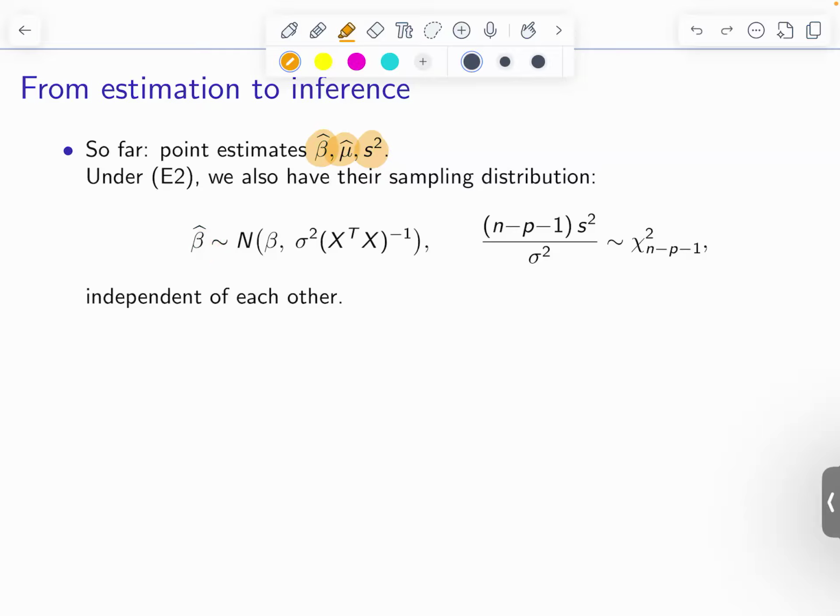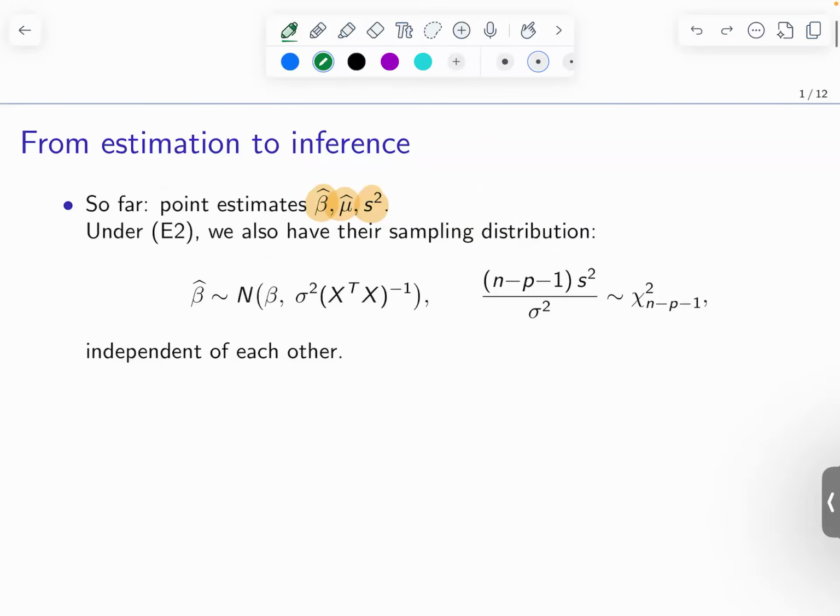And we also proved this result about s squared. If you recall what s squared was, it was the sum of squares of the error, or rather residual vector, divided by n minus p minus 1.